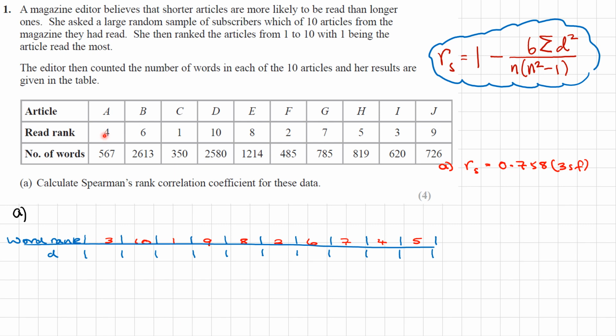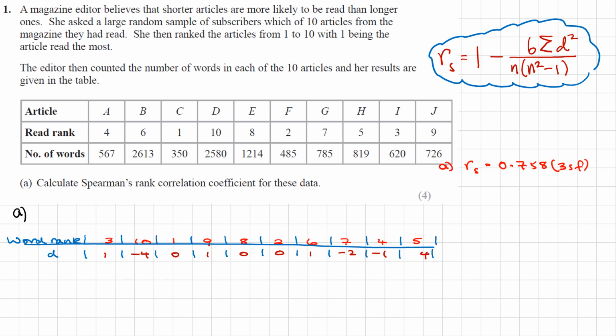So I'm going to have 4 minus 3, which is 1, 6 minus 10, which is negative 4, 1 minus 1, 0, 10 minus 9, 8 minus 8, 2 minus 2, 7 minus 6, 5 minus 7, 3 minus 4, and then 9 minus 5.